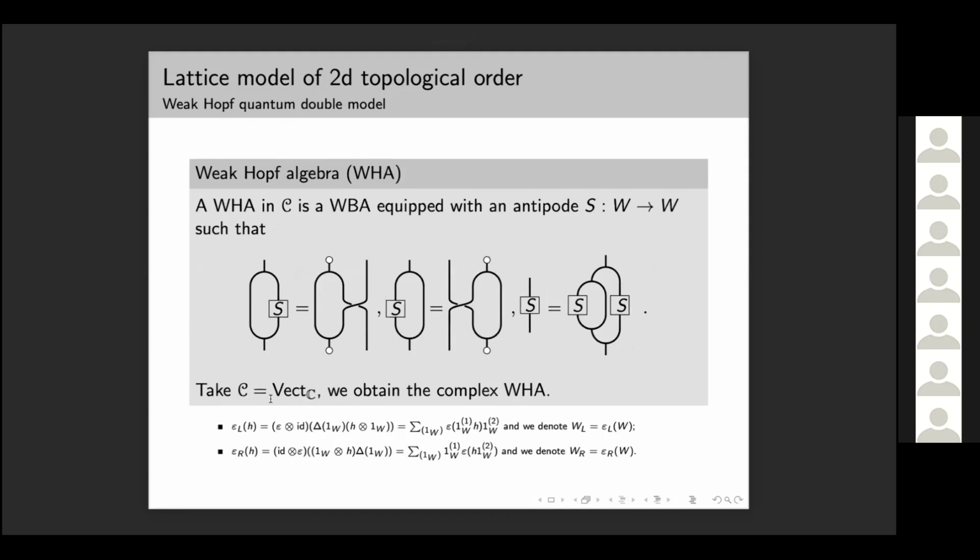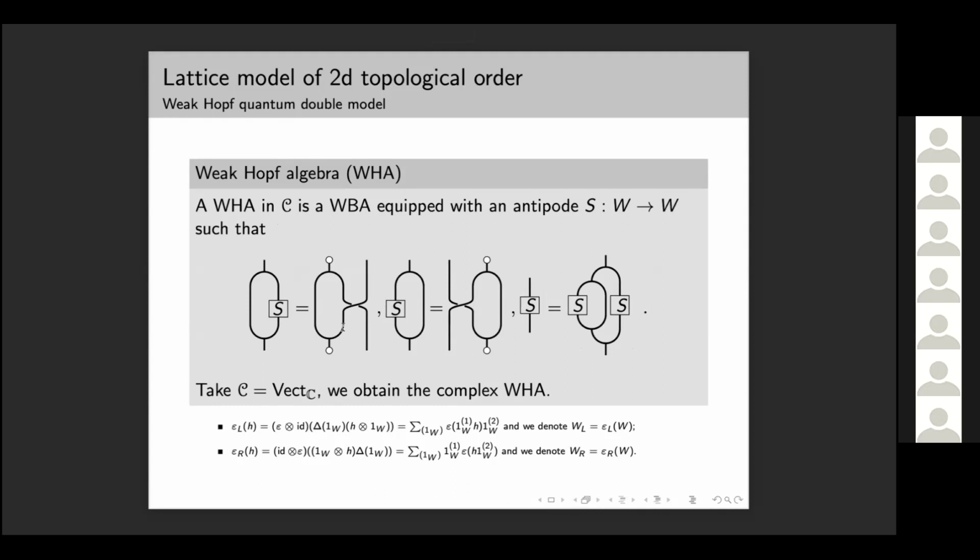For a weak Hopf algebra, we need to introduce another structure called the antipode. In this category setting, the antipode is a map from W to W, and it satisfies these three conditions. There are some other conditions, but we can show that they are equivalent to these three.